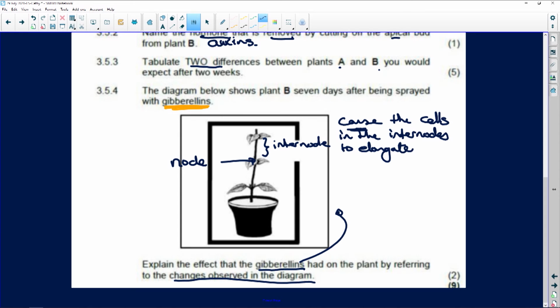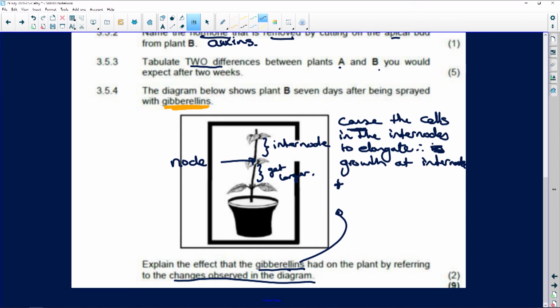Okay, so the internodes get larger, which results in growth at internodes. That's what the gibberellins do.